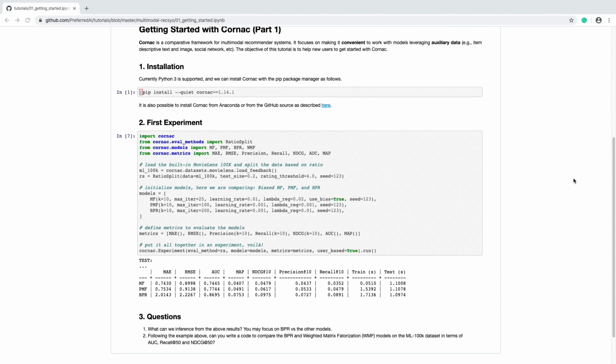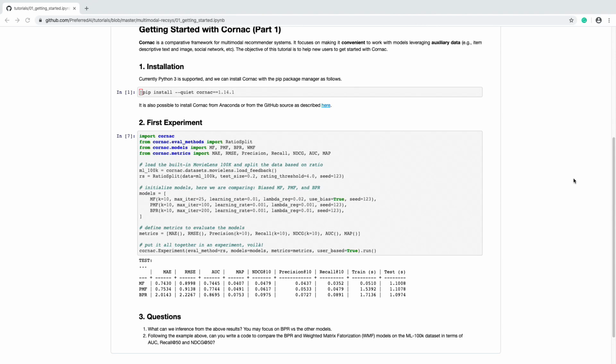What we observe here is that the MF and PMF models are doing very well in terms of MAE and RMSE, which are often called rating metrics, but they are doing worse in the ranking metrics. And for BPR it's the opposite.